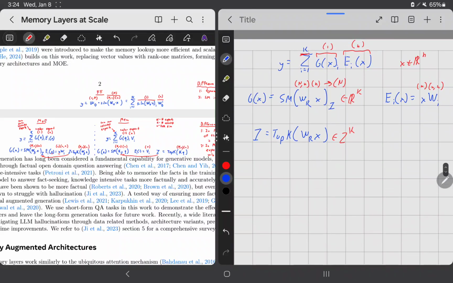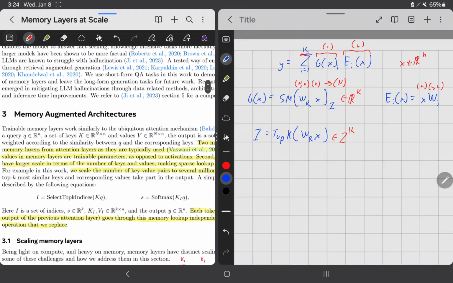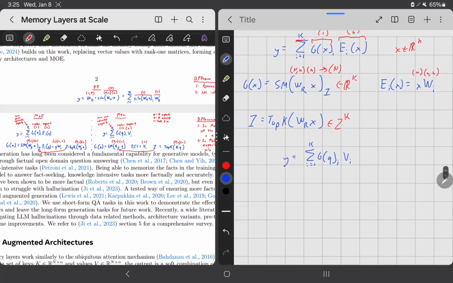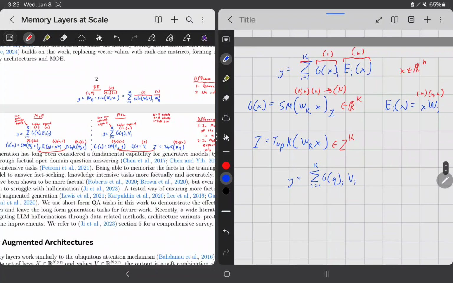Now let's take what we have in this paper here. So I'll write that out. y is equal to the sum, i equals 1 to k, of g of q_i v_i. And this looks very similar to this here.